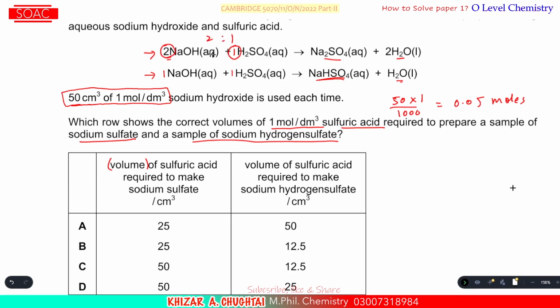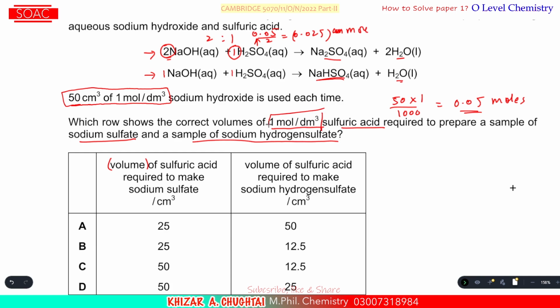The ratio is 2:1. If we are using 0.05, then the moles of H2SO4 used will be 0.05 divided by 2, and it is equal to 0.025.